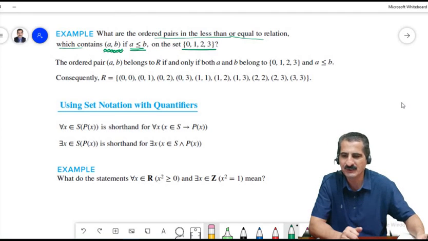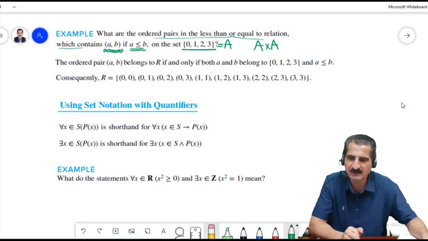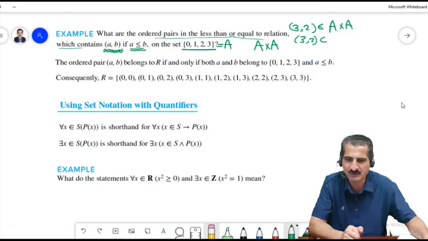So now, if we write this set to be capital A, then A cross A will have many elements. For example, I will write here 3, 2. This belongs to A cross A, but it does not belong to the relation we are defining, because 3 is not less than or equal to 2.